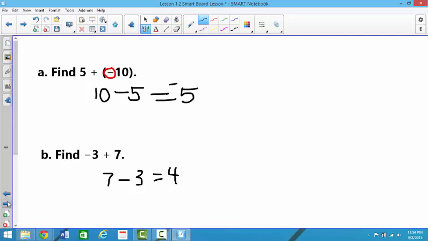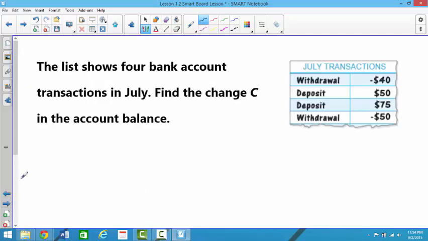Okay? All right. The list shows here 4 bank account transactions in July. Find the change C in the account balance. Now, when you have integers, you can't do a bunch of numbers all at once. You need to go step by step by step. So you have a negative 40, because that's a withdrawal, plus 50.